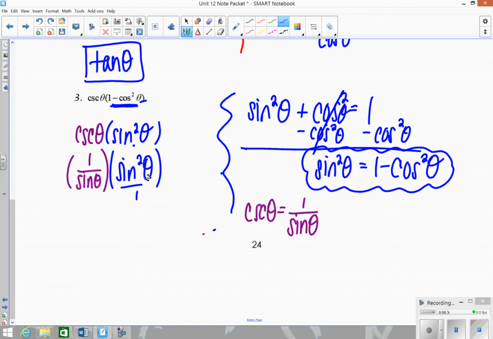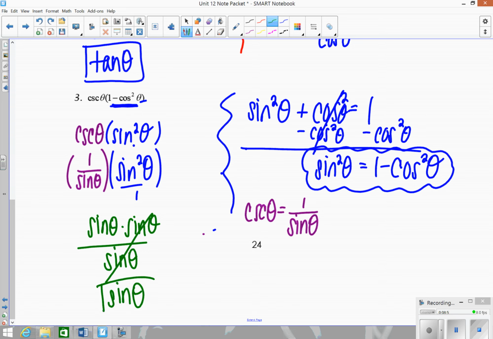Sine squared theta is really like saying sine theta times sine theta. So there's 2 up top and there's 1 at the bottom. So basically this is sine theta times sine theta on top over sine theta. A sine theta divided by sine theta is a 1, and we would be left with a sine theta. So that's it for that one.